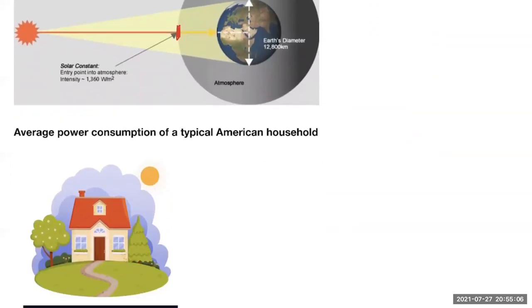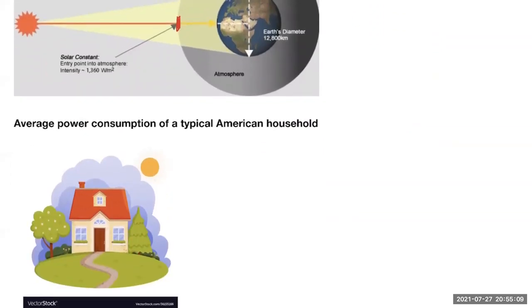Now, what is the average power consumption of a typical American household? Well, think about it. You have your microwave, your refrigerator, your TV, your ACs in the summer, which consume a lot of energy. A typical AC unit can be several thousand watts, several kilowatts. But it varies from season to season, from hour to hour, and so on.